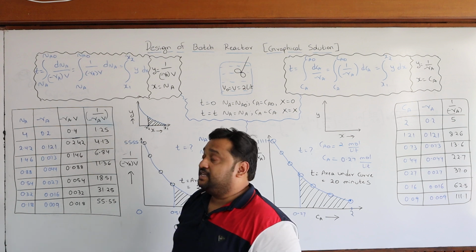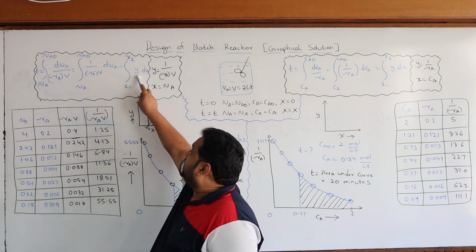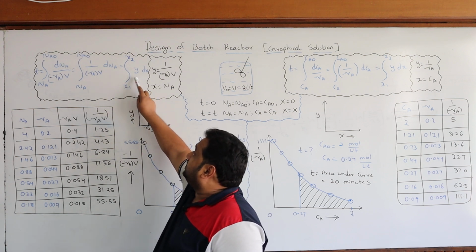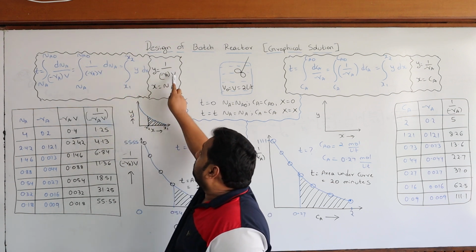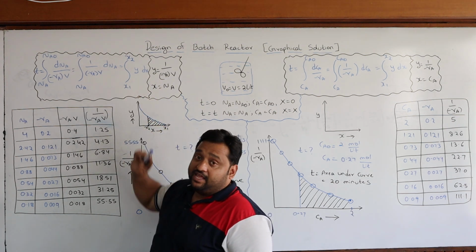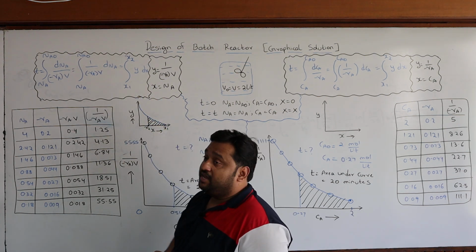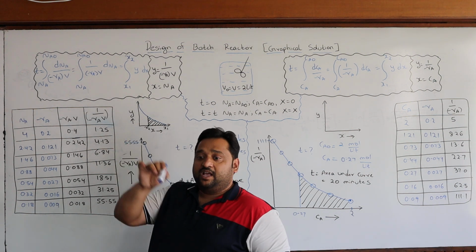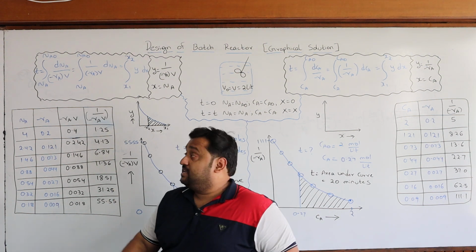What is y and what is x? Y is nothing but 1 by minus rA times V, and x is nothing but NA. That means the integral of y dx is the area under the curve of y against x.